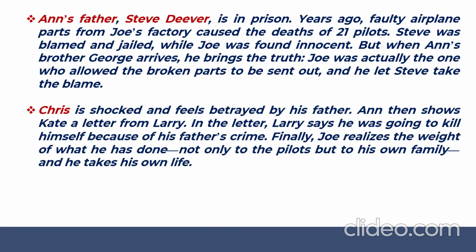Chris, Joe's son, shocked, feels betrayed by his father, and then shows Kate a letter from Larry. In the letter, Larry says he was going to kill himself because of his father's crime. Finally, Joe realizes the weight of what he has done, not only to the pilots but to his own family, and he takes his own life.